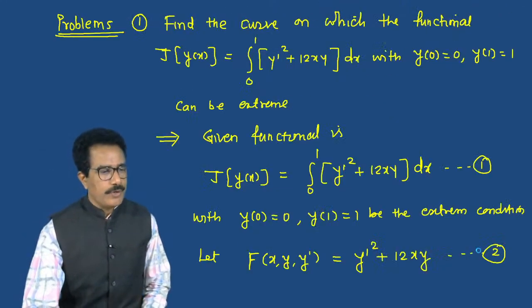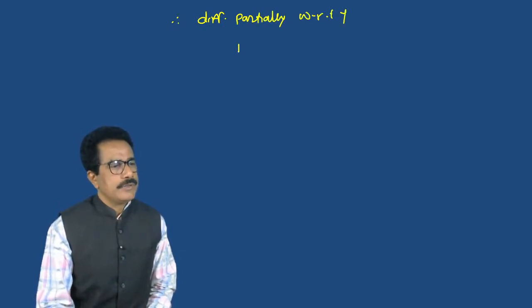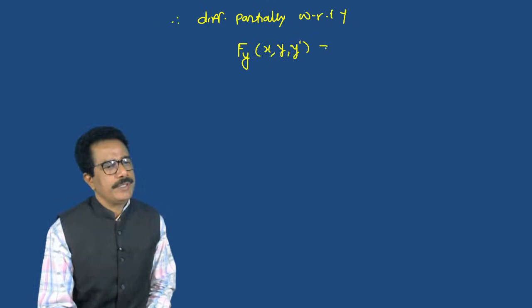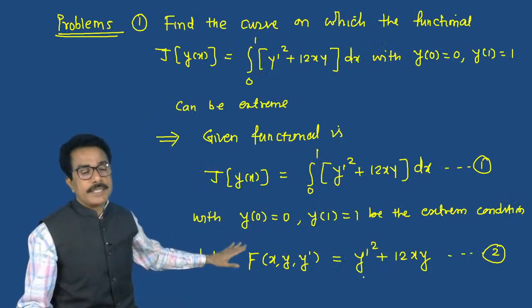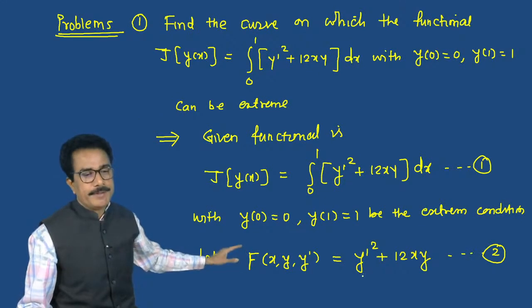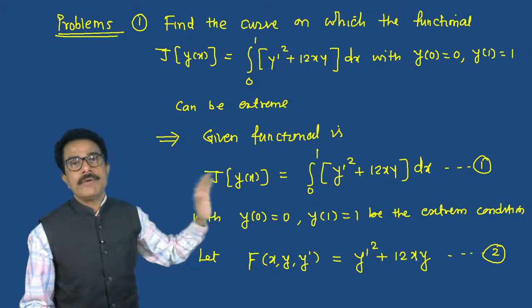So f suffix y equals the derivative with respect to y of y dash square plus 12xy.